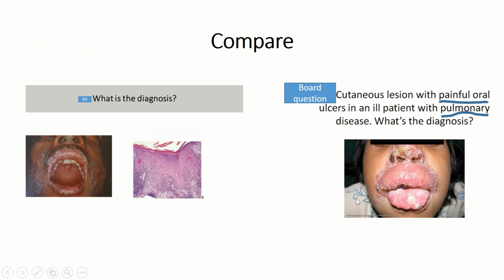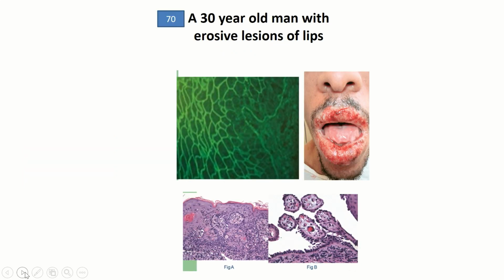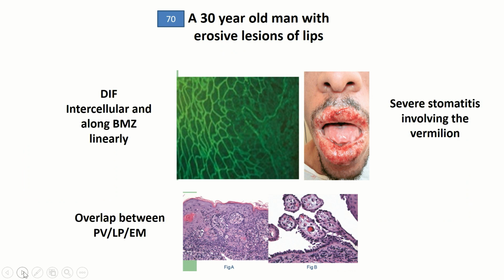Compare these images. You see here an image indicative of an infiltrative process. In history, there is a painful oral ulcer and a patient with pulmonary disease, indicative of orofacial TB. And here, a 30-year-old man with erosive lesion. You see here severe stomatitis involving the vermilion.